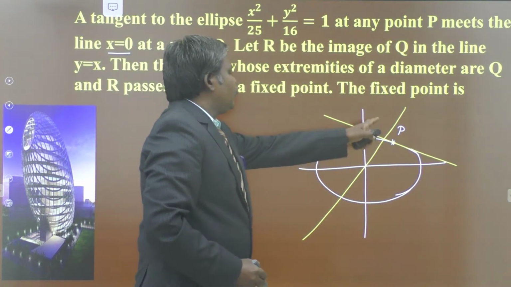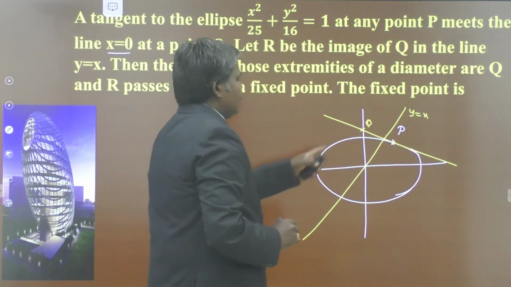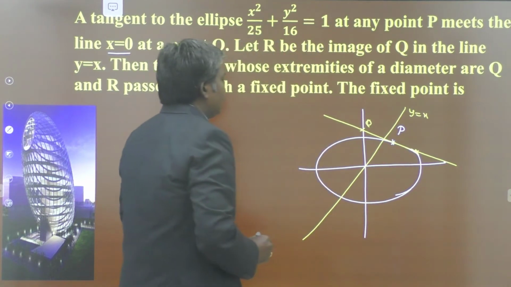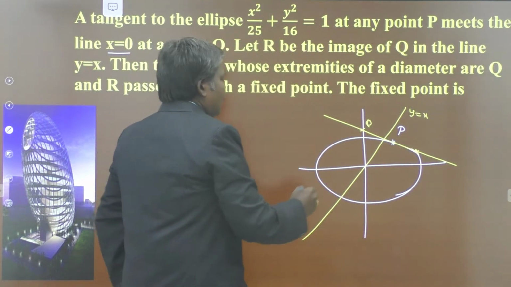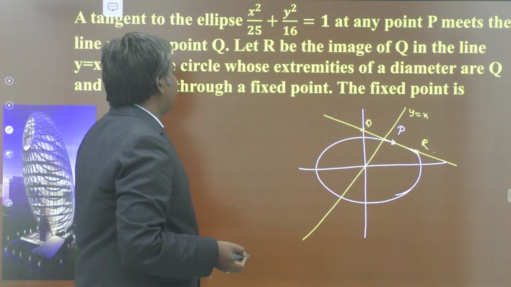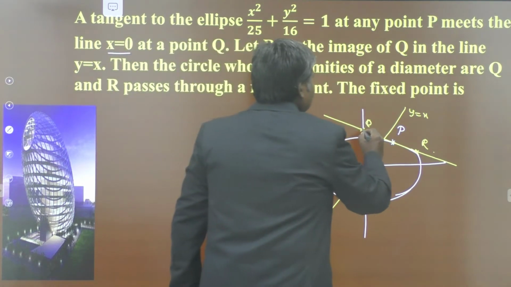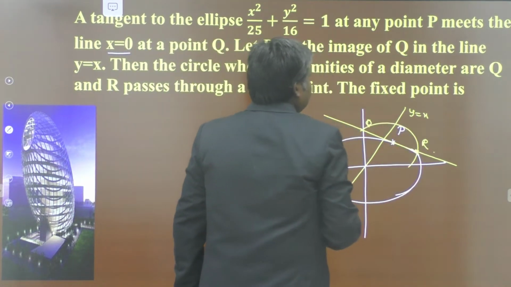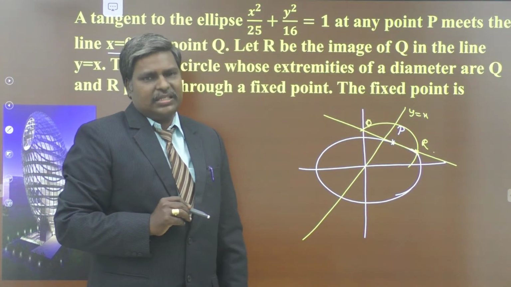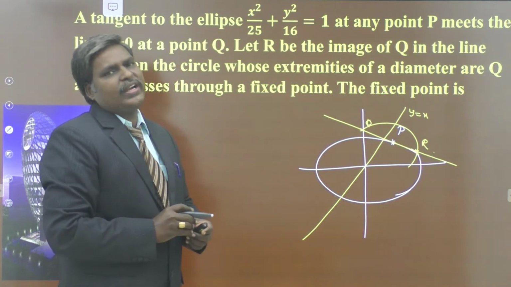Now, with respect to this line y equal to x, we find the image of Q. Suppose this is the image of Q; its name is R. Now we are going to find the equation of the circle on QR as diameter passing through a fixed point. What is that fixed point? You have to find it now.